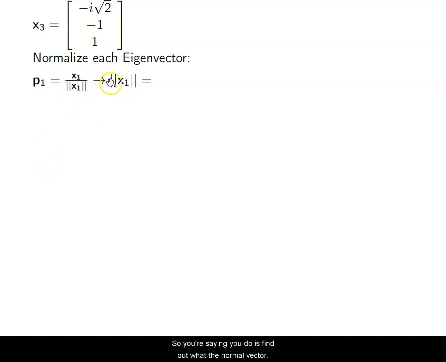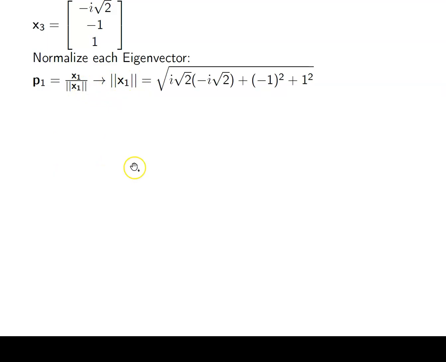So first thing I need to do is find out what the norm of x1 is going to be. Again, I take the entries and multiply by their complex conjugates, and I get the square root of 2 plus 1 plus 1. So I get 2.